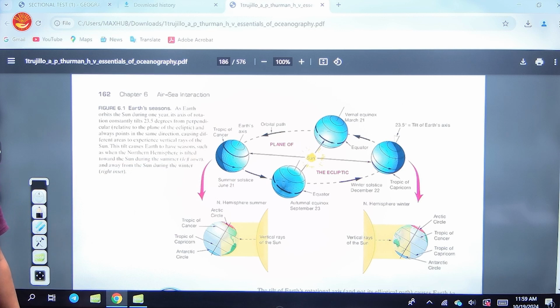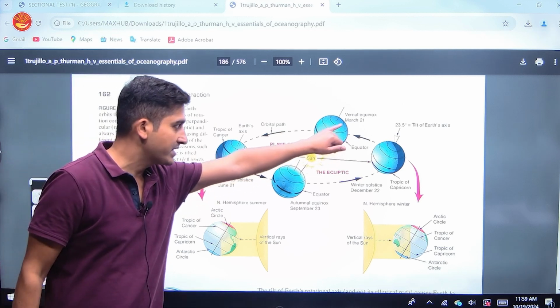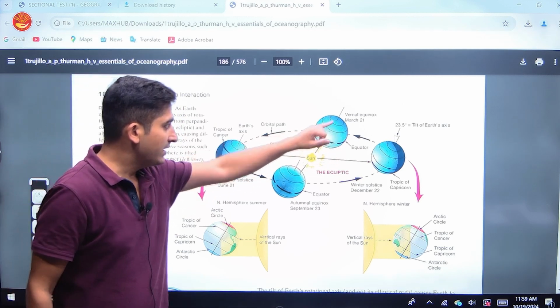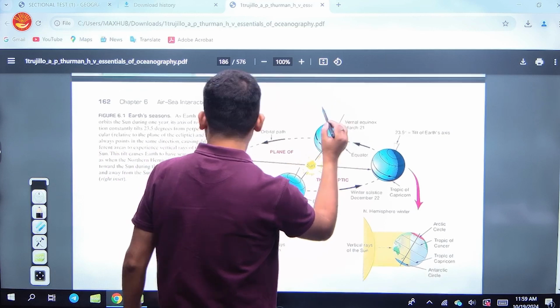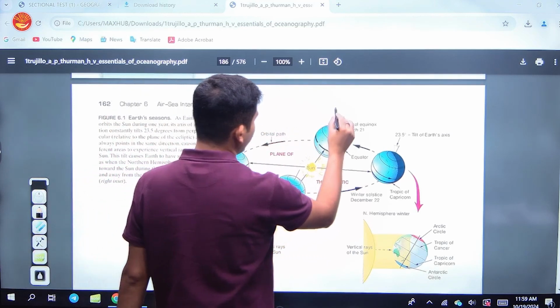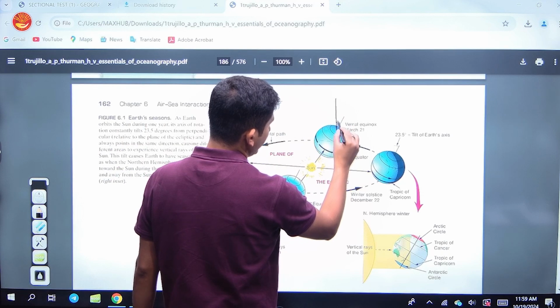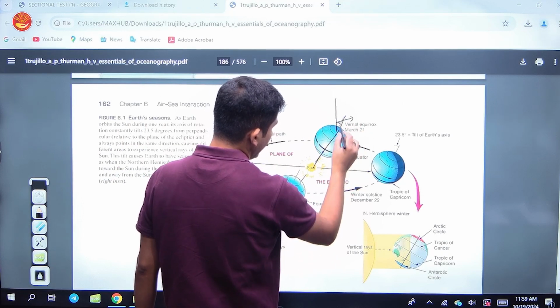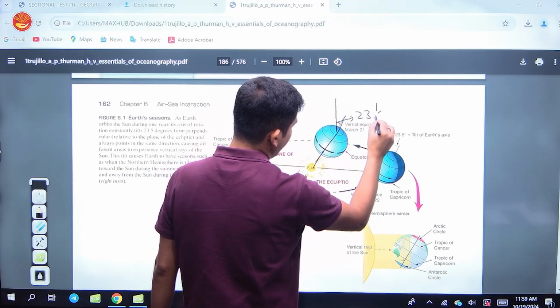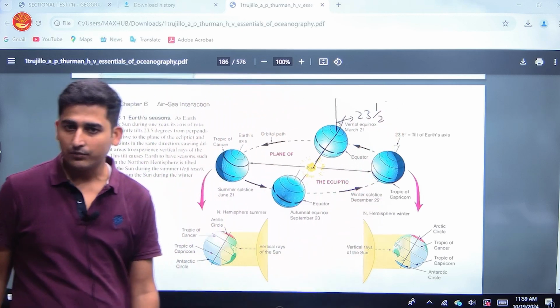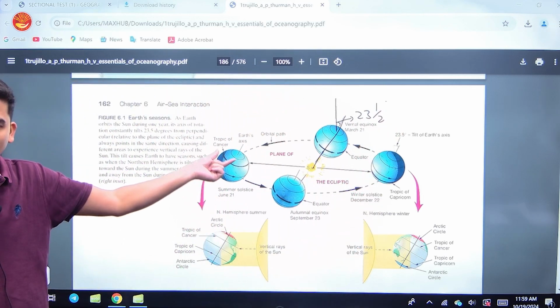So this is the axial tilt, this is the plane, this is the perpendicular to the plane of the ecliptic. अगर आप इस perpendicular को देखोगे तो this axis is 23.5 degree tilted away from the perpendicular to the plane of ecliptic. उसको आप axial tilt कहते हो.